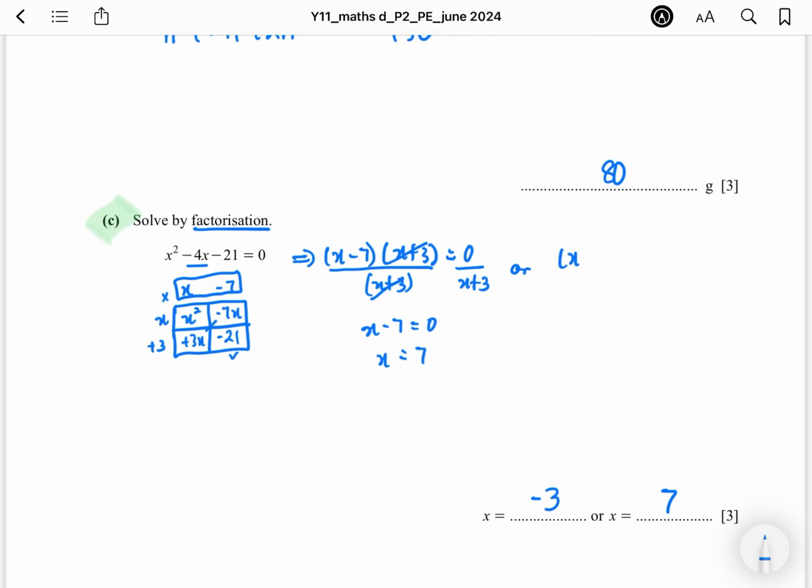Or you can divide both sides by x minus 7. That works as well, right? That simplifies out x plus 3, and 0 divided by any number is always equal to 0. x equals minus 3, and so your solution is x equals minus 3, x equals 7.